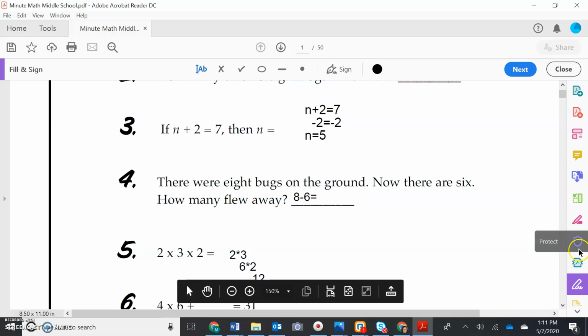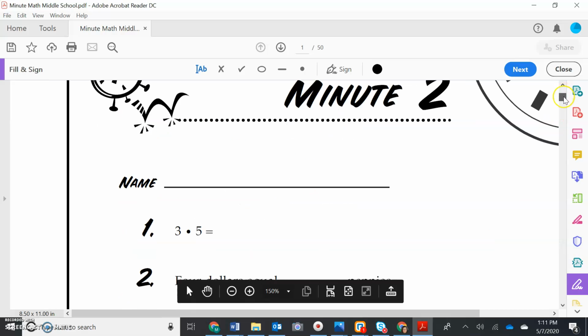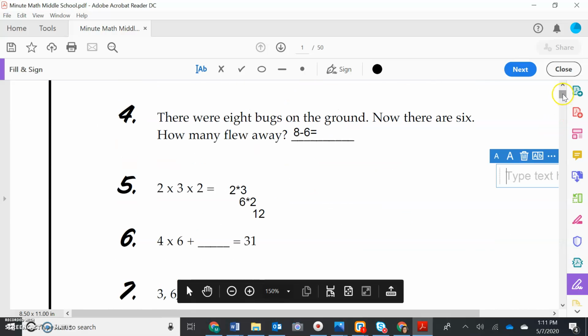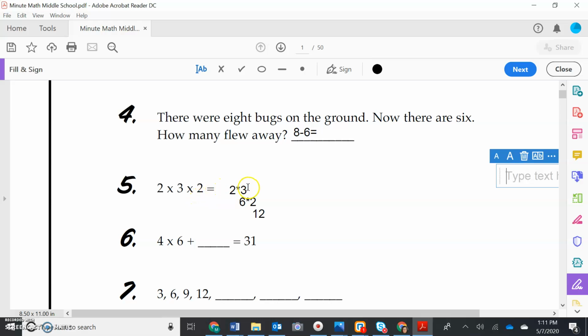So that's your answer. Usually when I'm showing you guys this, I would have a line under here, 2 times 3, and an arrow that goes down there and says 6 is your answer. And then we take this 2 here, 6 times that 2 is 12. Okay, but anyway, 12 is your answer.